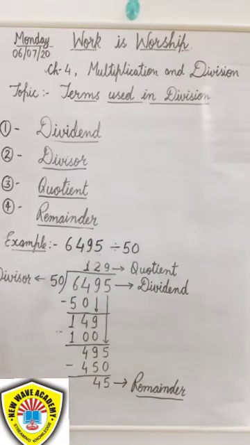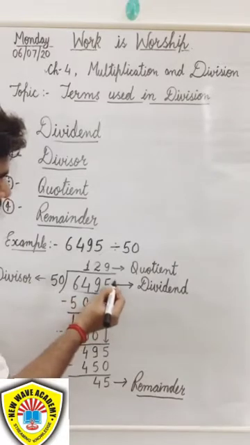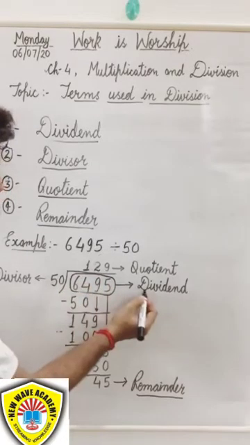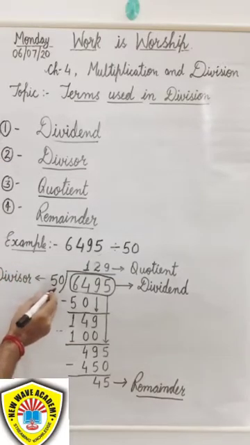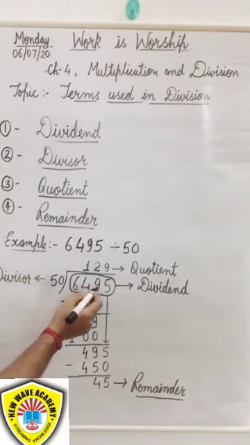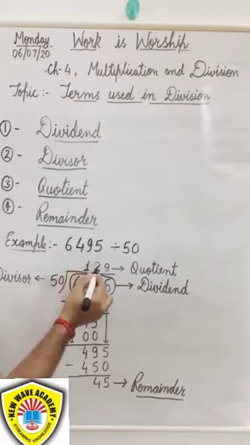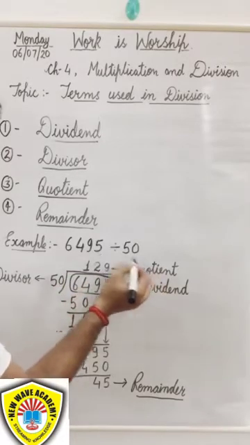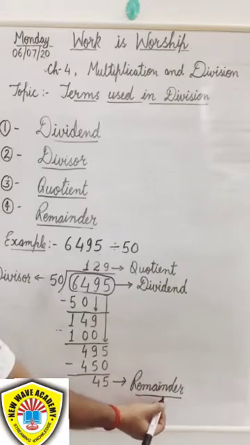Now observe one thing here. The number which we want to divide is called the dividend, and the number by which we want to divide 6495 is called the divisor. After the division, we will get the answer 129. So it is called the quotient, and the number left after the division is called the remainder.